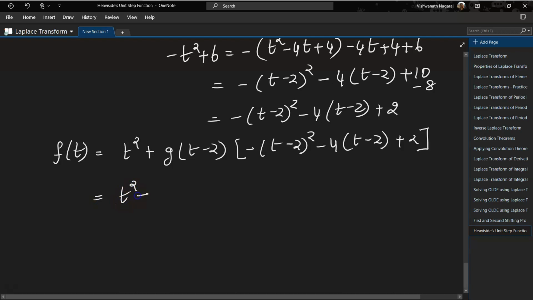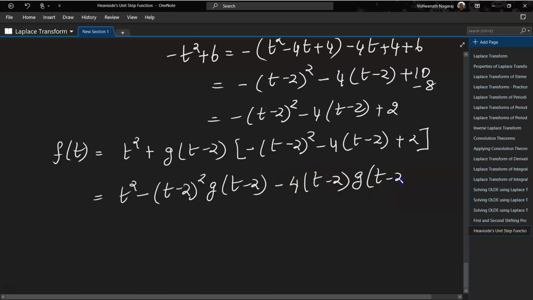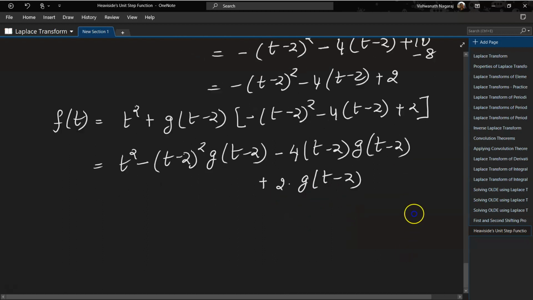So t square plus, no, minus t minus 2 square g of t minus 2 minus 4 times t minus 2 g of t minus 2 plus 2 times g of t minus 2.